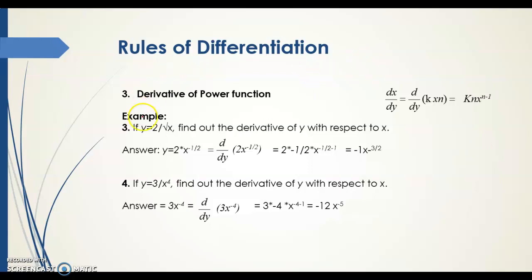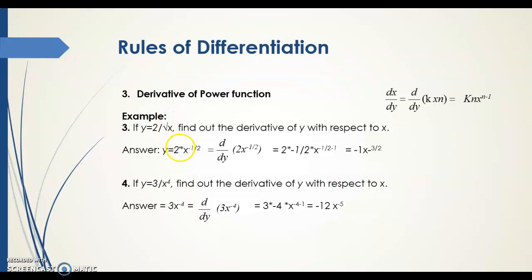Suppose in this question the function y is given as 2 divided by the square root of x, and you have to find the derivative. Now we know that the square root of x is equal to x raised to power 1 by 2, because the root is just the expression of the power of 1 by 2, and it is in the denominator.